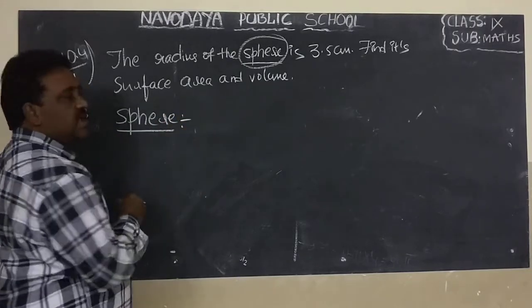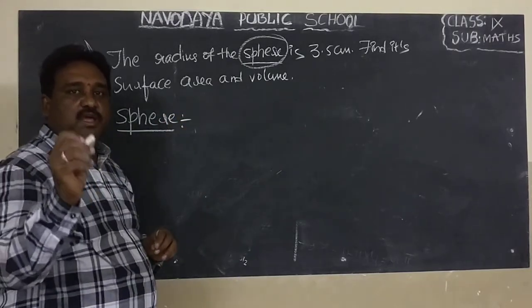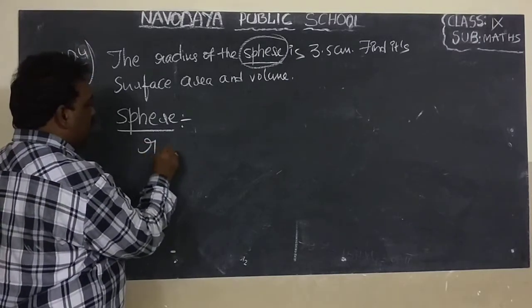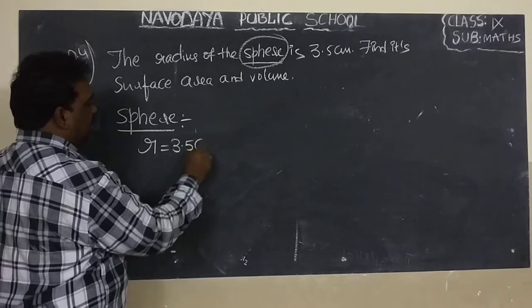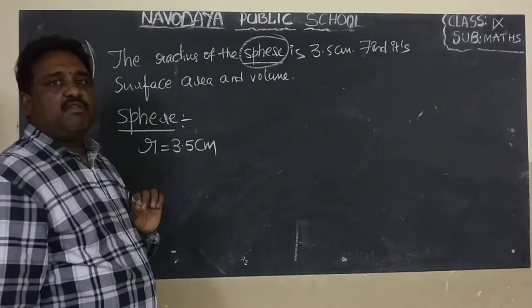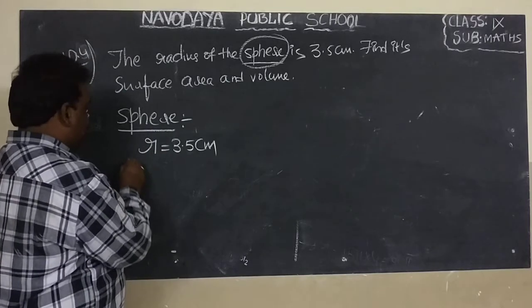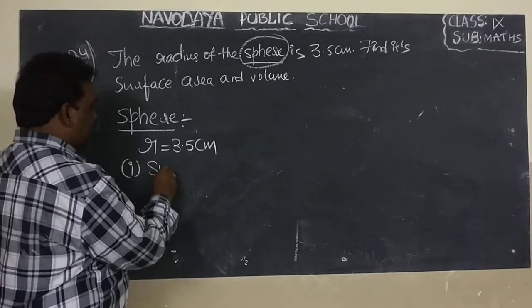What is given? Radius of the sphere equal to 3.5 centimeters. R value 3.5 centimeters. What we need to find out first? Number one, surface area.